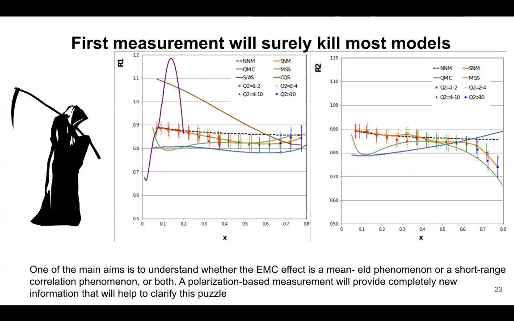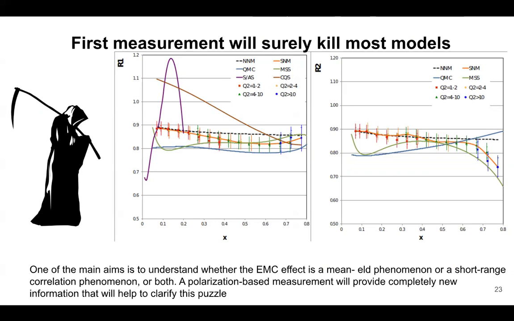And you might wonder, well, what's the point? Well, the first point is that we're going to kill a lot of models. That's good. So sad to say that depth is coming for most of them. Some of them might survive. But the important thing is that, broadly speaking, there are two categories of models that try to explain the EMC effect.